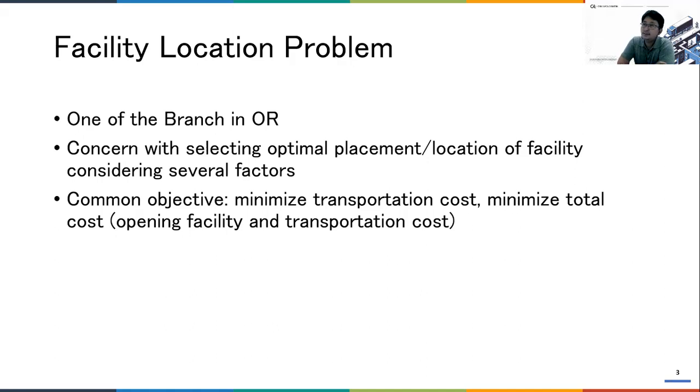Take an example: if you run a company and you want to build a new branch, or open a sub-branch from the main branch of your company, how do you plan to locate those new branch offices? It can be referred back to this type of problem: how do you locate a new facility, in this case a branch office?